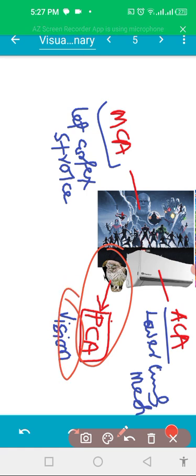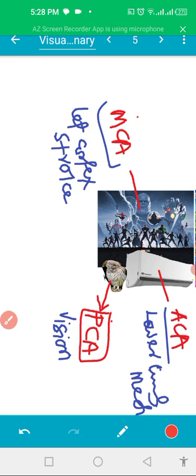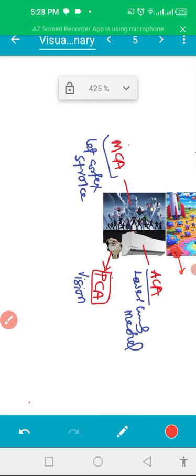When the posterior cerebral artery is blocked, vision is impaired, and MCU has the function of stroke. When the MCU characters are there, then the stroke will happen and all the movement will be impaired. So MCA, ACA and PCA arteries supply the different parts of the cerebral hemisphere. In this way we can memorize different portions of the brain.